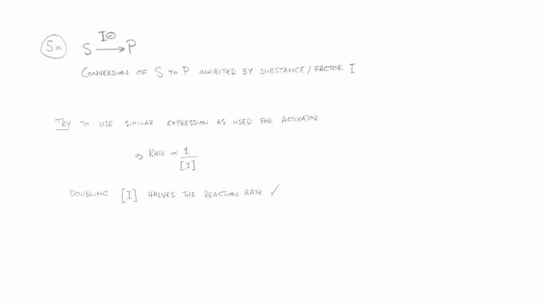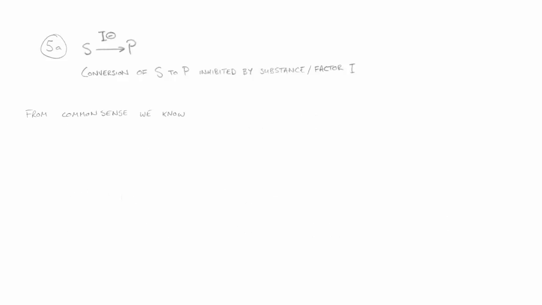This does model an inhibition effect, but the problem is in the absence of our inhibitor, so the concentration is 0, it predicts the rate will be infinitely large because you have 1 divided by 0, so it's not physical or realistic.